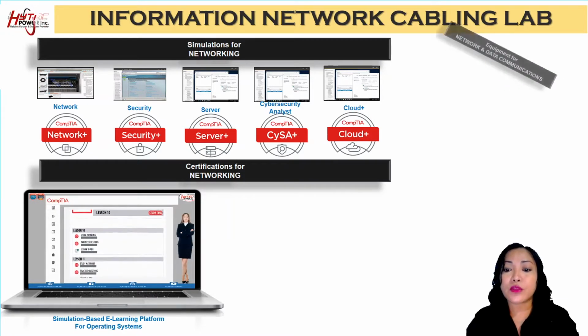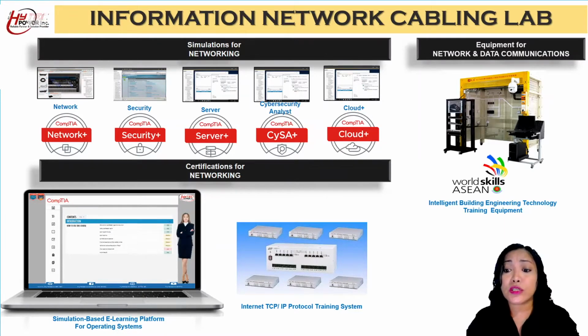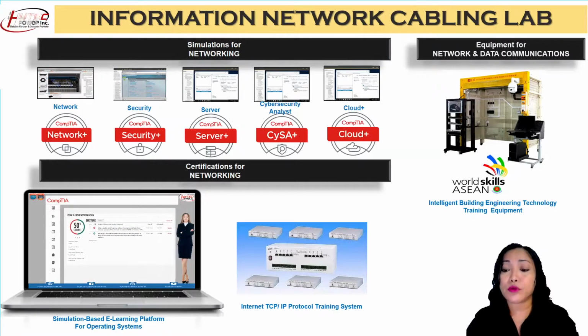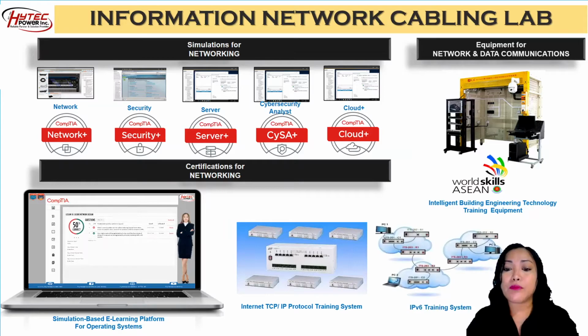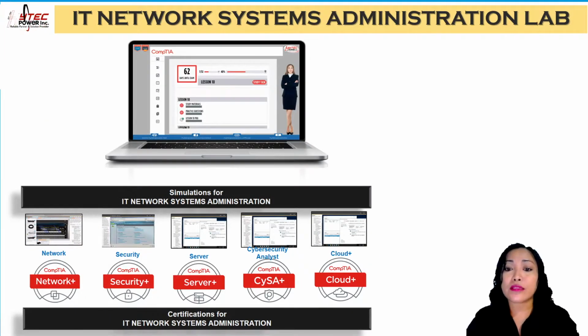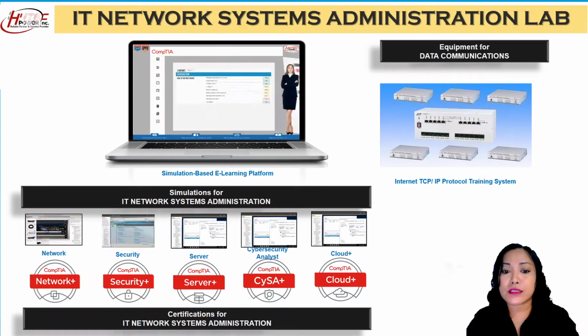Equipment for network and data communications are the following: Intelligent Building Engineering Technology Training Equipment, the Internet TCP/IP Protocol System, and the IPv6 Training System. As for the IT Network Systems Administration Lab, it comes with all the learning content and certification exams for the same areas that I've mentioned earlier, also with the data communications equipment in IPv4 and in IPv6.